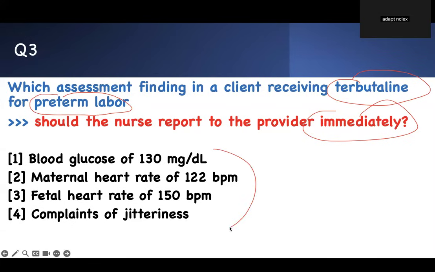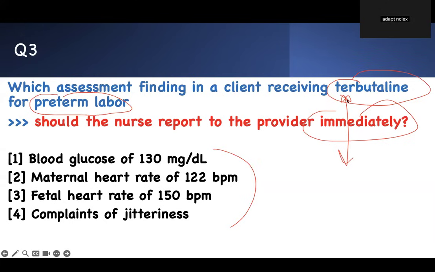Look at it. Is it a blood glucose of 130, a maternal heart rate of 120, a fetal heart rate of 150, and a complaint of jitteriness, right? What do you think? 10 seconds, pick an answer. You know the content. I want you to focus on terbutaline and recall it right now.